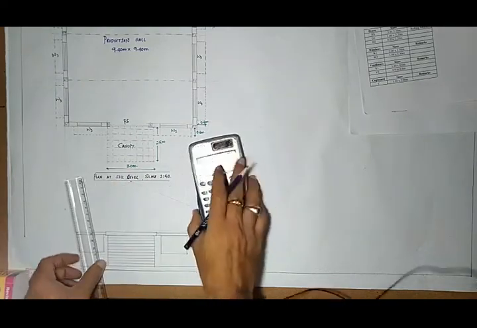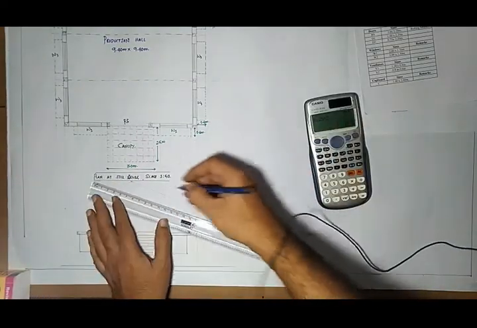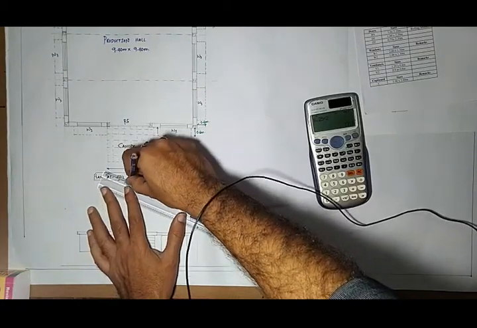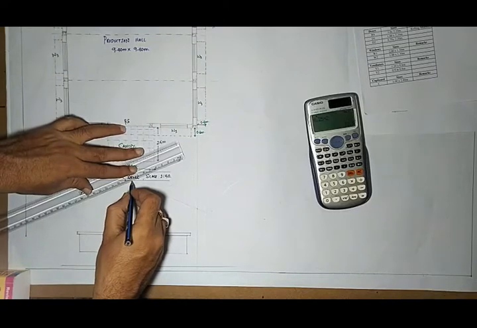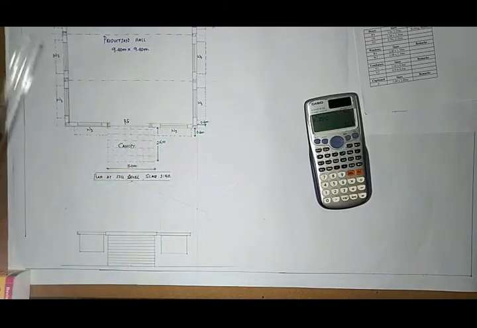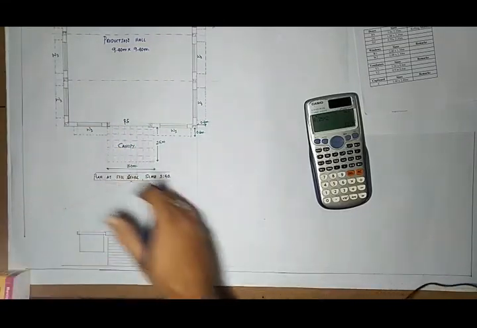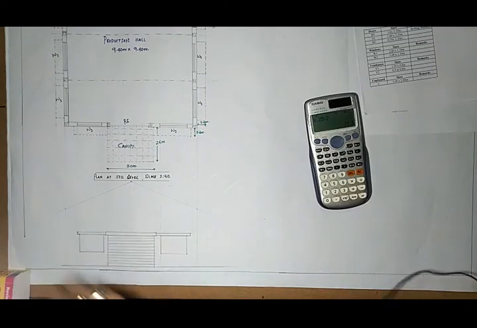When we obtain these 2 points, just mark this, and again this will be marked along this direction. This indicates the pitch of the roof. So this is a sloped roof or pitched roof.